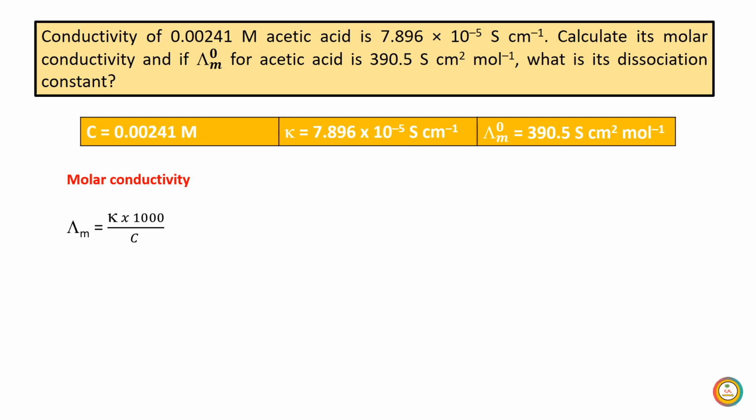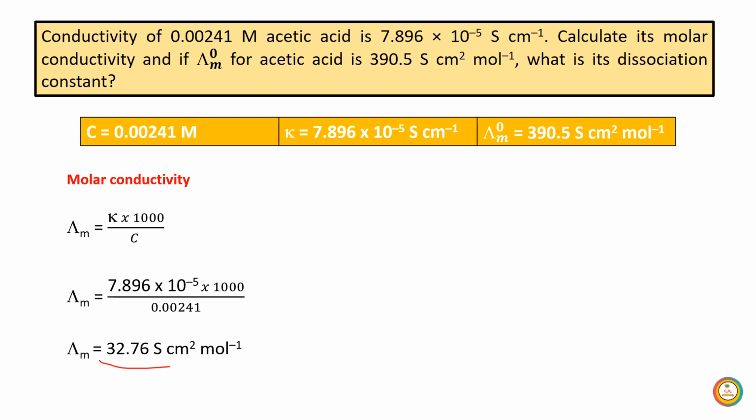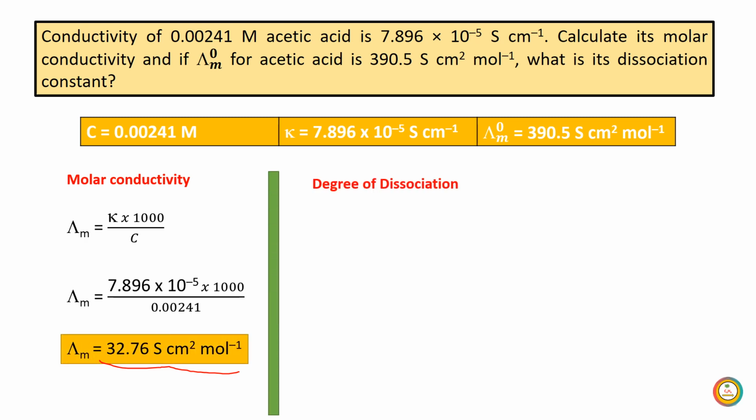According to the formula, lambda m is equal to kappa into 1000 by C. We put in our value of kappa and value of C. By putting in these values, we find that lambda m is equal to 32.76 Siemens centimeter square mole inverse. Now next, we find out the value of the degree of dissociation.